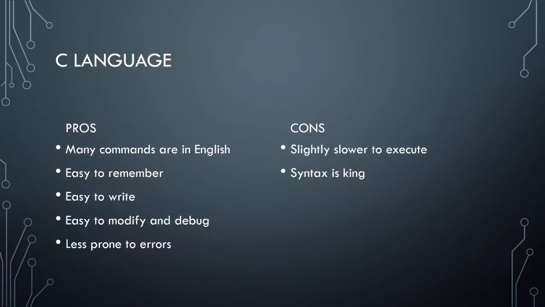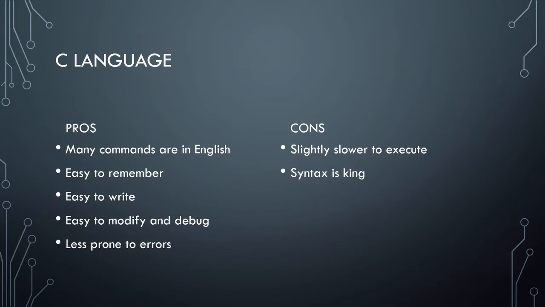So just like machine and assembly language, I put together a short pros and cons list for the C language. Again, a pro is many commands are in English, no crazy abbreviations, or fewer abbreviations rather. And I think on the assembly language, we said it was easier to remember, easier to write. So C language is even easier to remember, and it should be even easier to write.